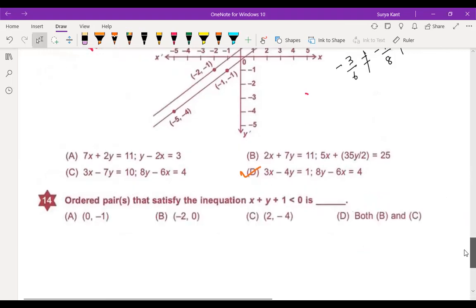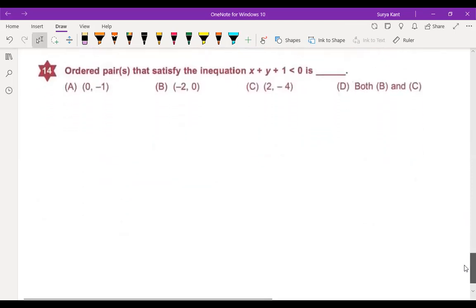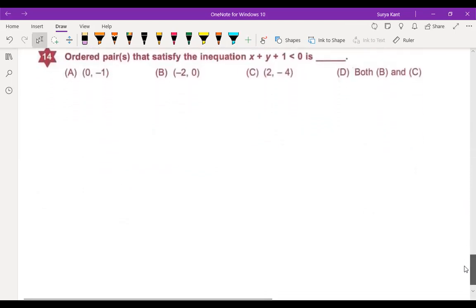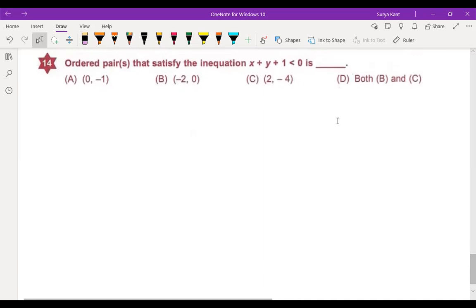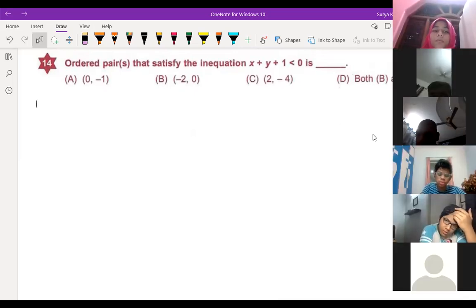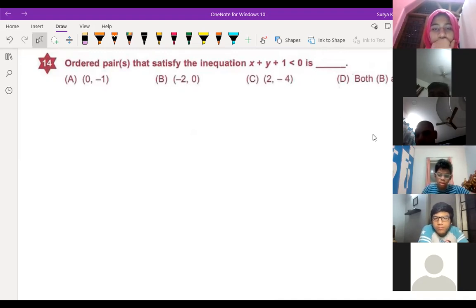The ordered pair that satisfies the equation x plus y plus 1 is less than 0 is... -2 plus 0, -2 plus 1, -1 is less than 0.